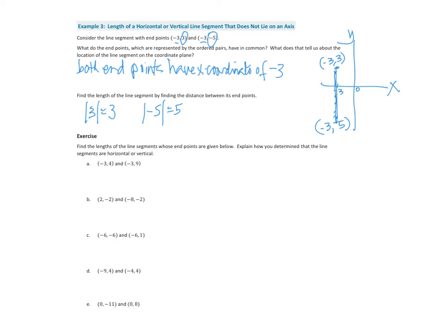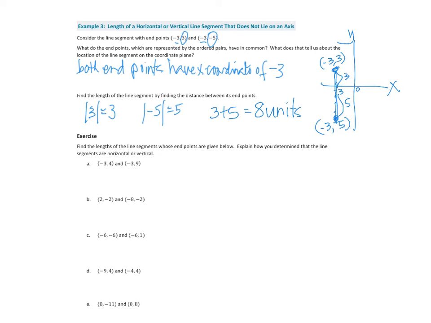Now the numbers are on opposite sides of 0, so I'm going to add. This is a distance of 3, this is a distance of 5. So 3 plus 5 is 8, and I'm going to write the distance between those 2 points.